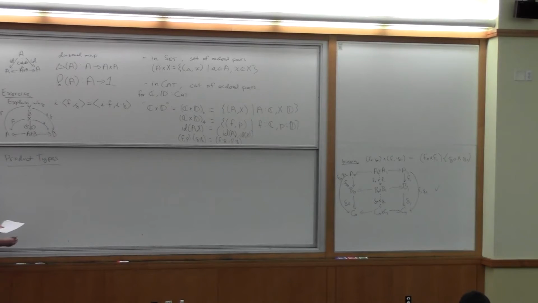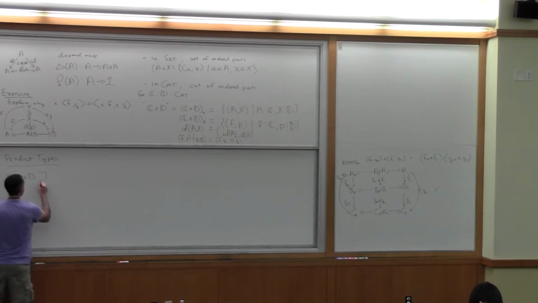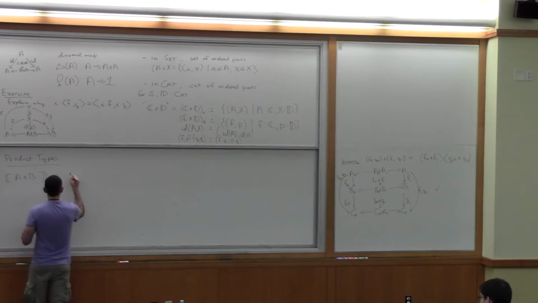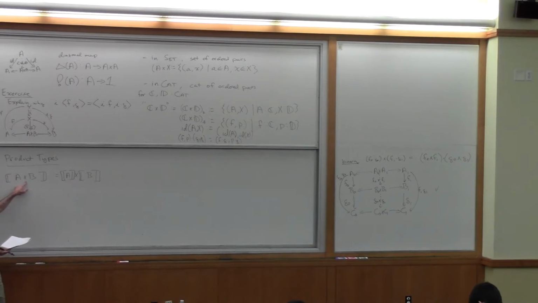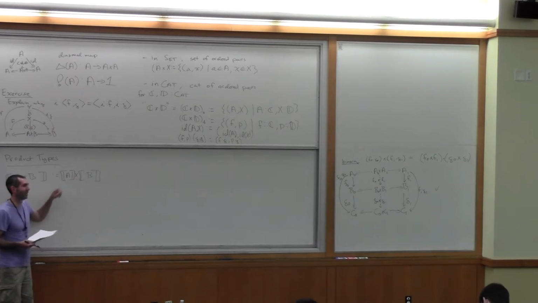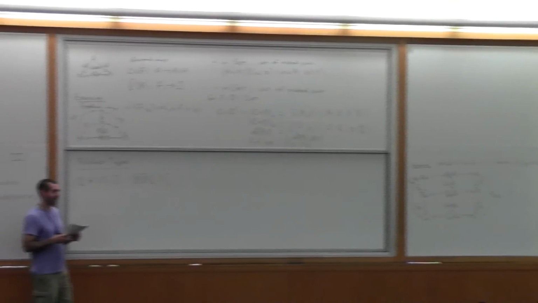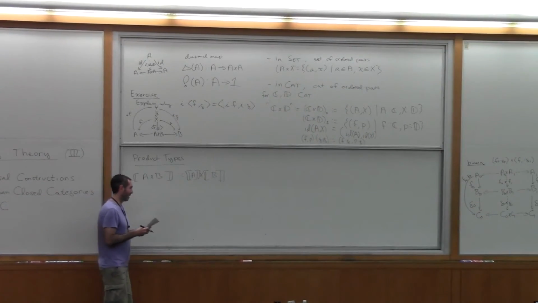Okay, so it turns out that if we have a product of types, where this is the product in the language of types, we can interpret that as a product of the objects which interpret the factors of that product of types. Okay, so this is the product in type theory. This is the product object in a category. Okay, let's see why that works.